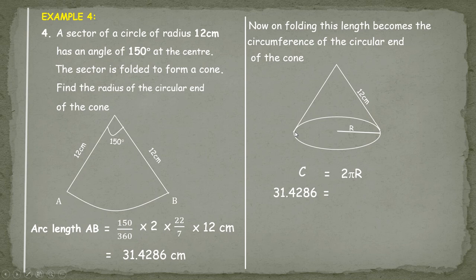So this distance, which is the circumference of this circular end, we now know is 31.4286.